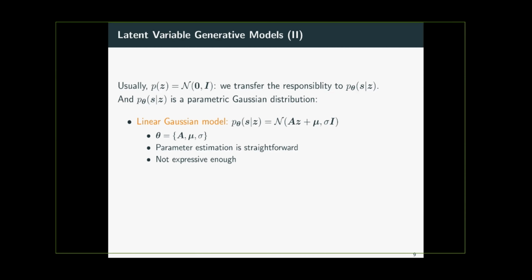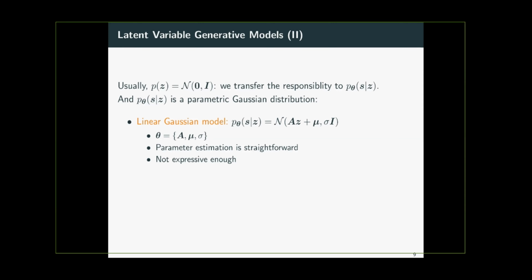A very classical example of this is when the posterior distribution is a parametric Gaussian with a linear model, and this is called probabilistic PCA. In that case, because of the linear dependency of the mean of S on Z, so A Z plus mu, we can actually compute the integral, and the parameter estimation is straightforward.